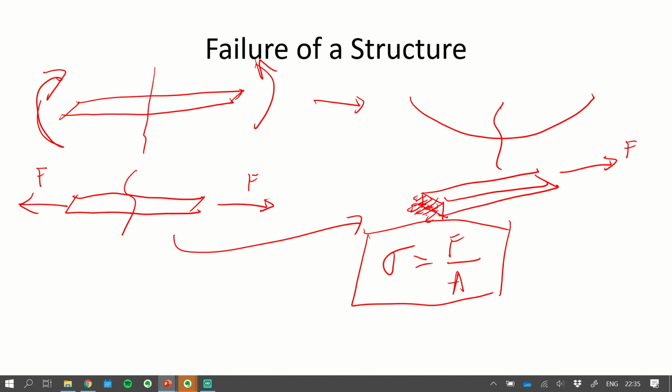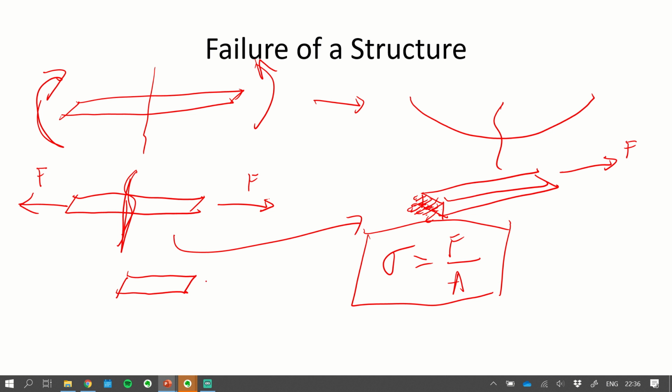So if we want to find the internal force at this particular section, this is what we can do. We can cut that particular structure at the section that you want. For example, it's something like this.